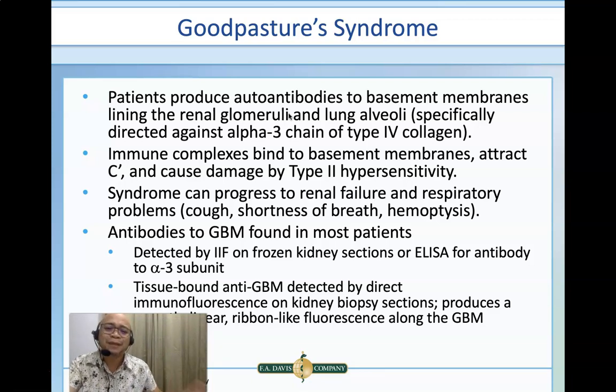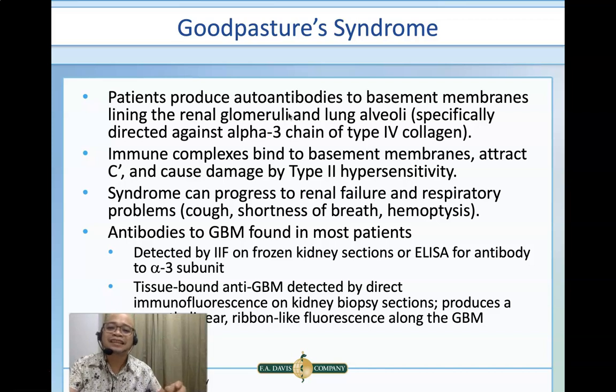This immune complex will eventually attract complement and cause damage by type 2 hypersensitivity reaction. If you remember our discussion, type 2 is an example of cytotoxic or cytolysis. Okay? The syndrome may progress to renal failure if it's the basement membrane of the kidneys, or respiratory problems if the immune complex are deposited in lung alveoli.